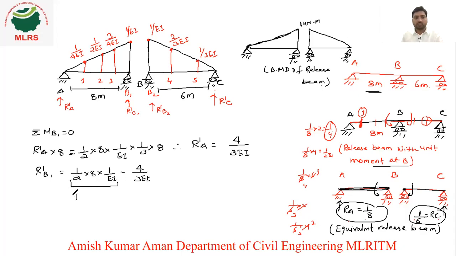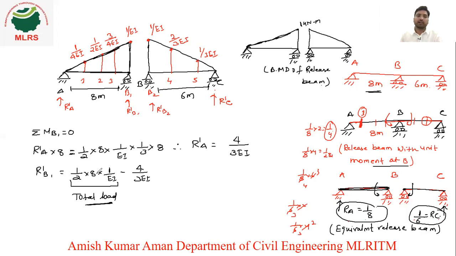How will you calculate this total load? Whatever the load is on this span, total load we need to calculate. Then this is nothing but area. If you calculate this total area, you will get the total load on this span.